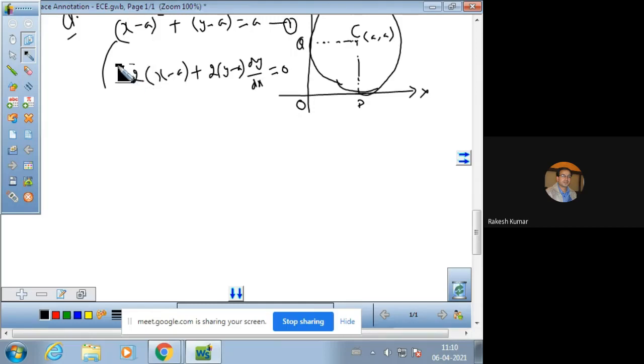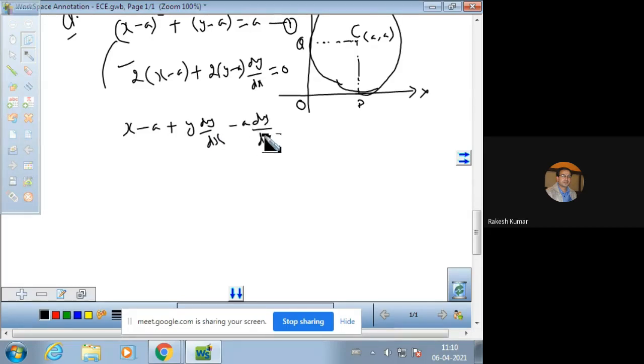After finding out the derivative, you will get this, and 2 can be taken common, so it can be removed from here. So you will have (x minus a) plus (y minus a) dy by dx.